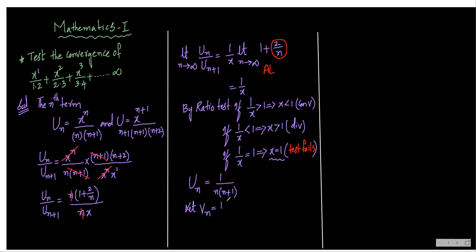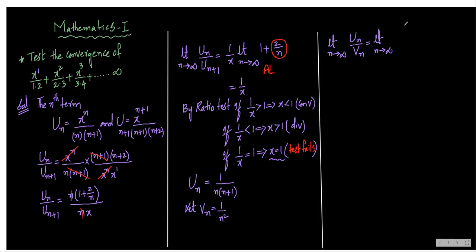Highest power of n from numerator is 1. Denominator we have 2 powers of n, it means n square. Now let us apply limit n tends to infinity for un by vn value. Limit n tends to infinity un by vn, which is also equal to limit n tends to infinity.